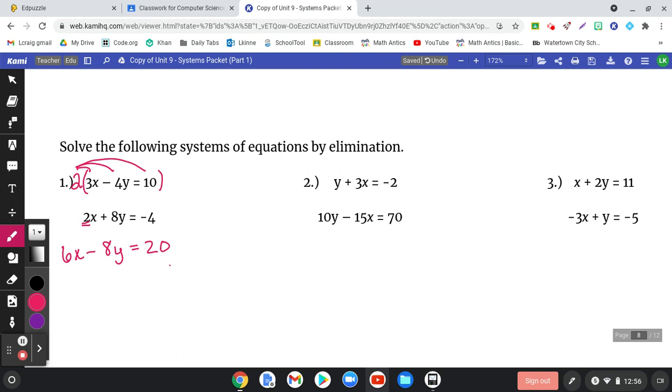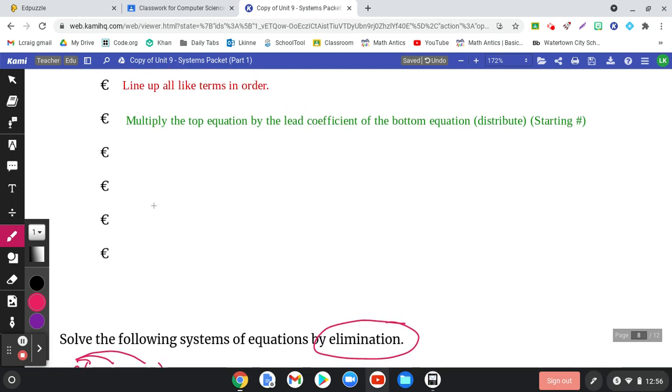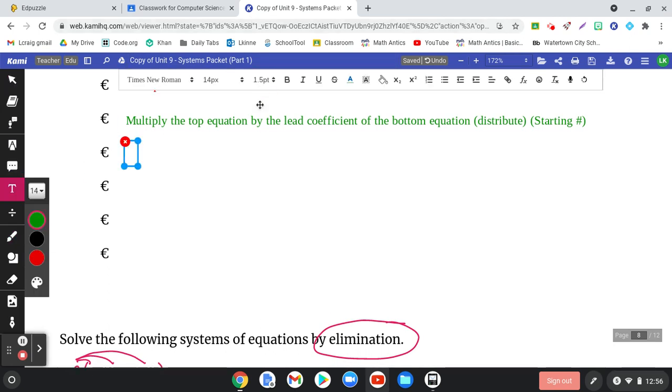All right. And the whole point in doing this, we're making it so we can eliminate one variable. With substitution, we did that by substituting in. Well, here's going to look a little different. We're going to create opposites, so when you add your equations together, one of them will cancel. Okay, so now we're going to do something similar in the bottom.